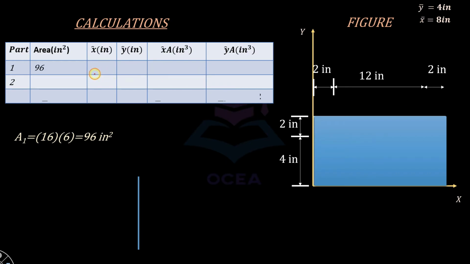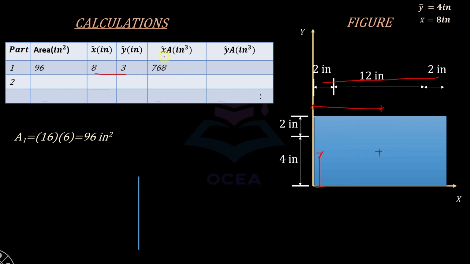And now we are going to determine the centroidal coordinates. So for this rectangle, the centroid would be somewhere over here, and the x coordinate is this distance, x1, and y1 is equal to this distance over here. So x1 is equal to half of this distance. 16 divided by 2 would give us 8, and 6 divided by 2 is equal to 3.